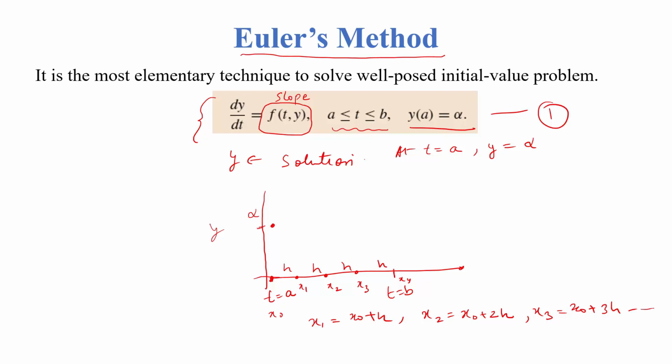At t equal to a, we have y equal to alpha. With the help of this value, we find y1, this being our y0. Then with the help of y1 we find y2, then y3, and finally y4. So we get the solution at points that are h distance apart.